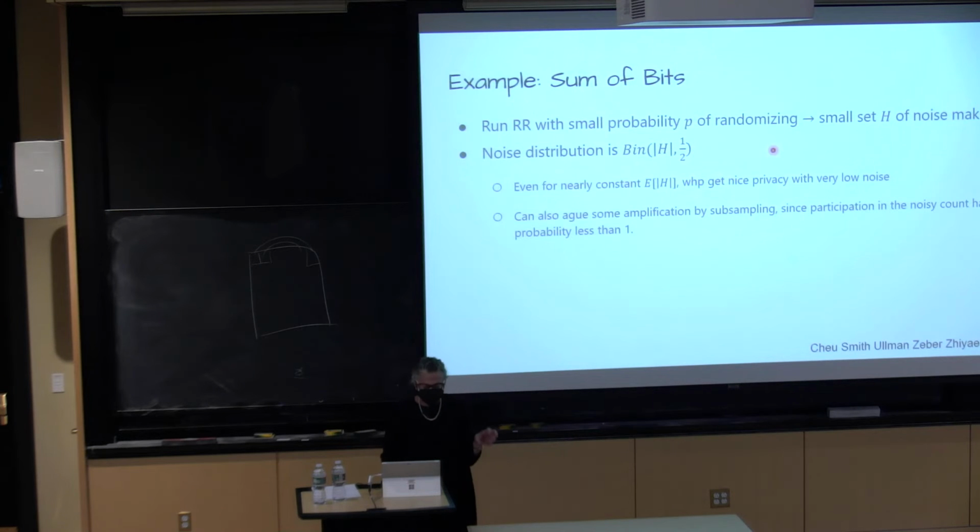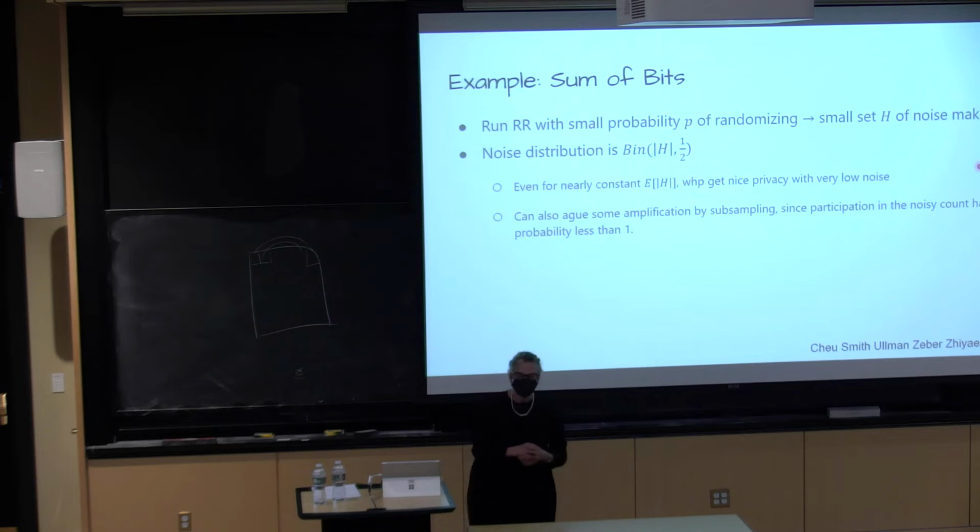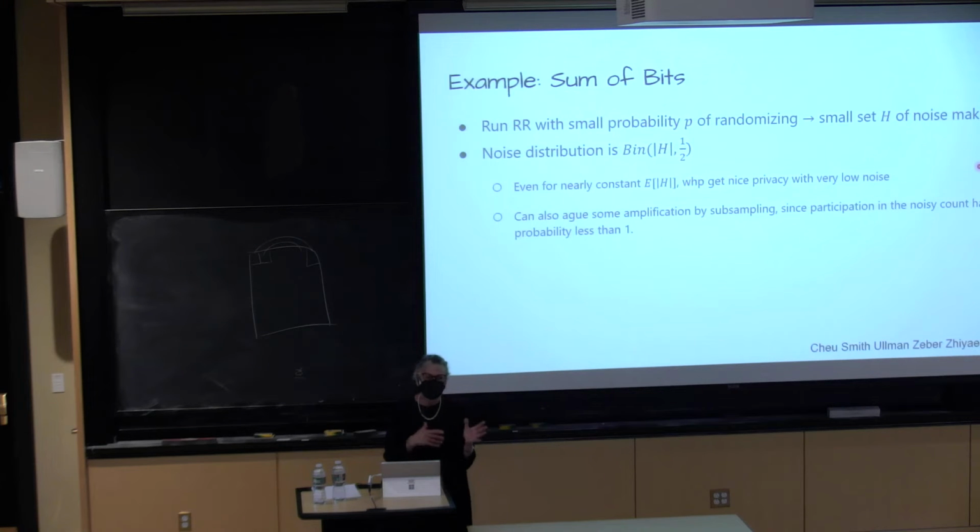So even for nearly constant expected size of H, we're going to get some nice privacy with very low noise. Remember, H is really quite small. And it has to be big enough to give us something that's at least 1 over epsilon in expectation. But that's pretty small. So even for nearly constant size H's, we're going to get nice privacy with low noise.